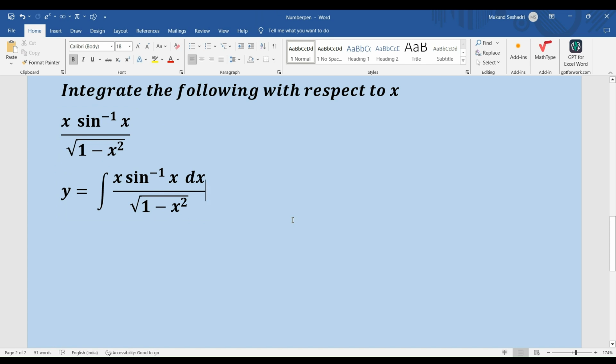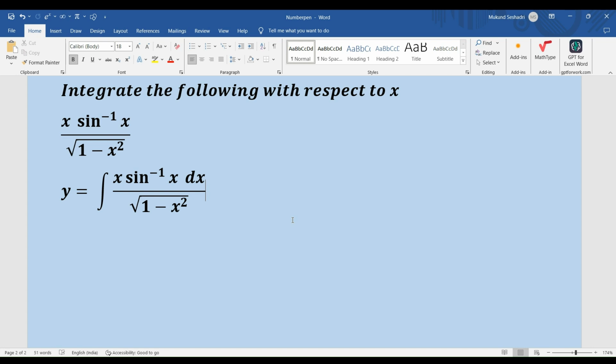So that's my y, integral of x sine inverse of x dx the whole divided by square root of 1 minus x square. I know that my y is not in a very simple format whose antiderivative I know from first principles. But I do notice that I have three expressions within the integral, right?